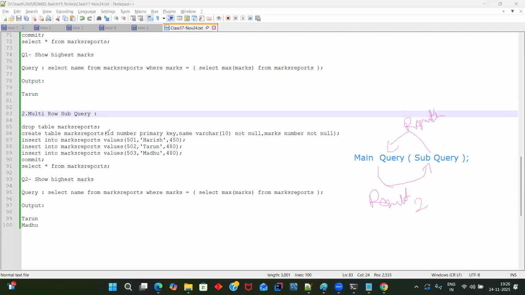This is the third type of subquery, which we call correlated subqueries. There are only three types of subqueries: single row, multi-row, and correlated. In correlated subqueries, your main query and subquery are interdependent, guys. But in single row and multi-row subqueries, the queries are independent.